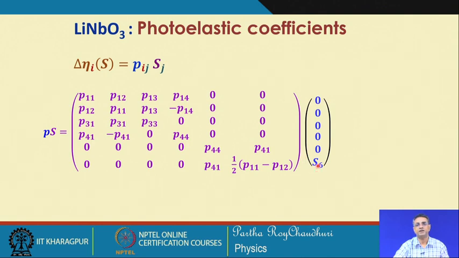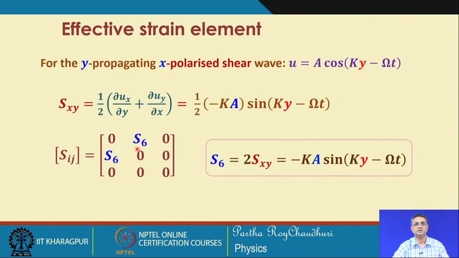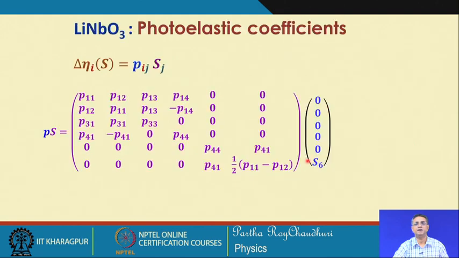Here S 6 is the shear strain that is non-vanishing, so it will occupy this position, again in the compressed notation. Therefore, this 3 by 3 matrix has become a column vector, and S 6 will be multiplied and will give only these column entries to be non-zero. So, these two quantities will appear to be non-zero.